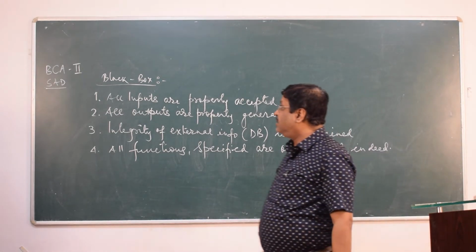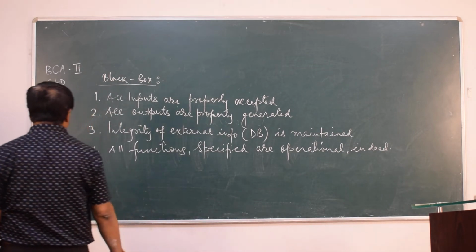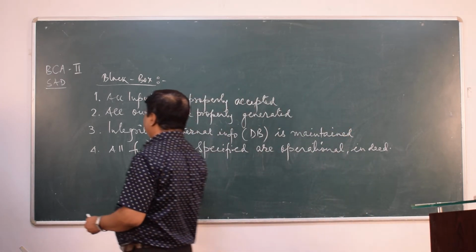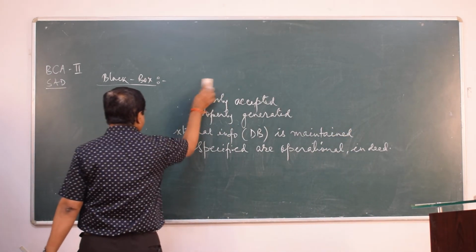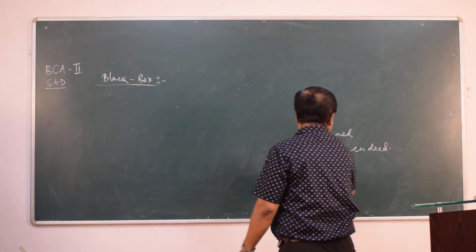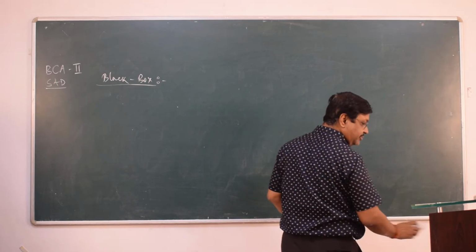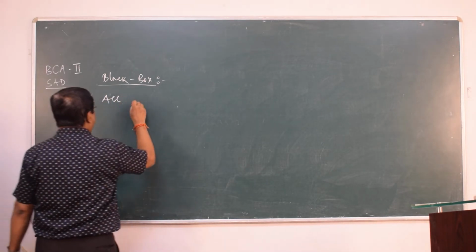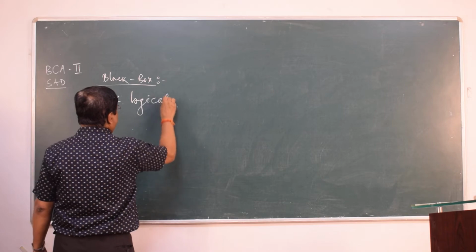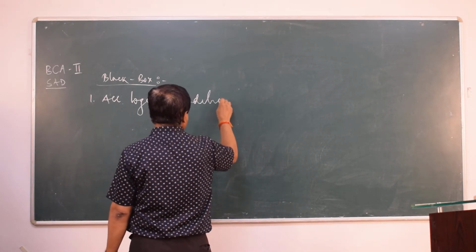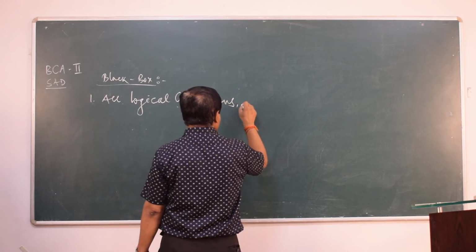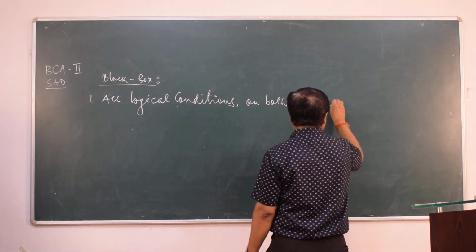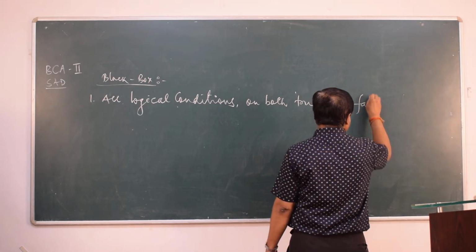The black box testing is performed to check some fundamental aspects of the software, whereas in white box testing we perform these basic tests: on logical conditions, on both true and false sides.